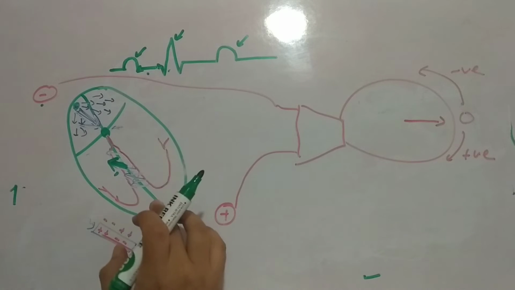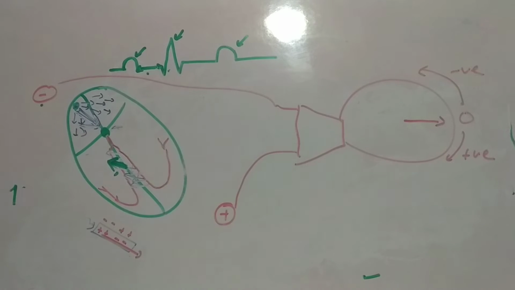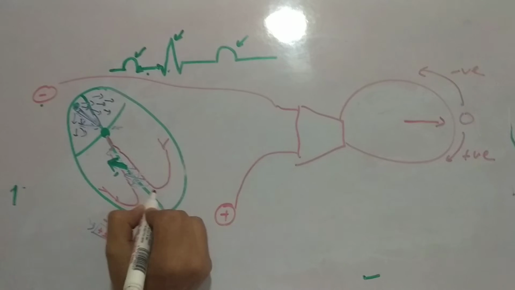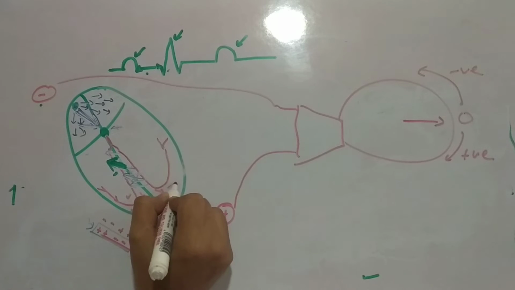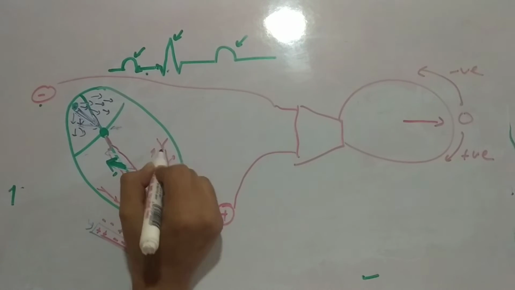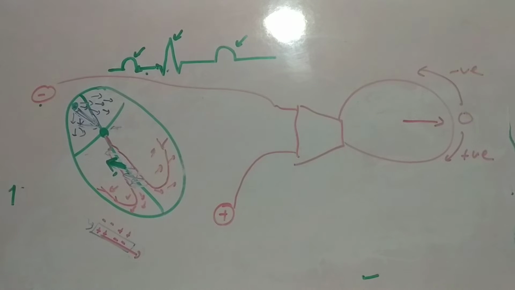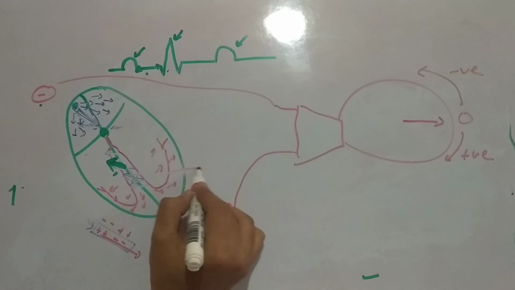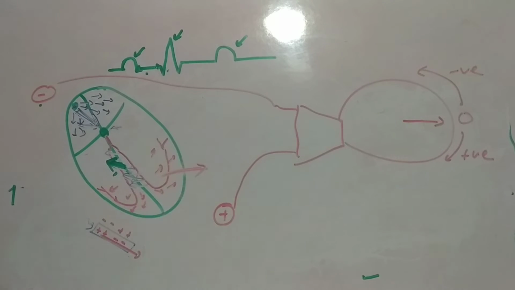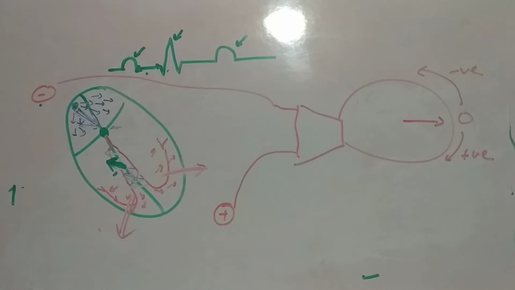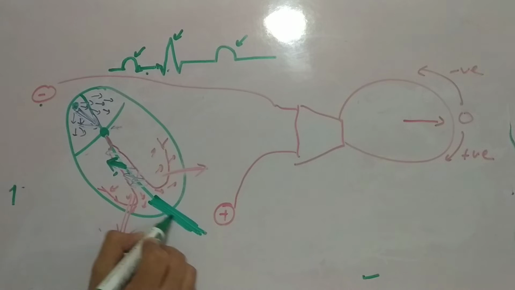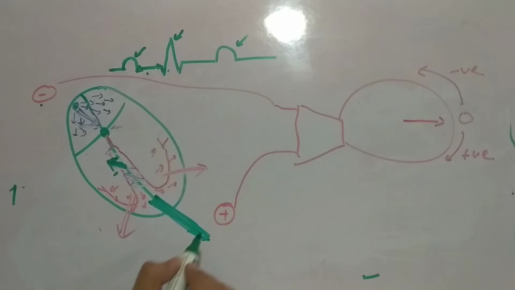Gradually what will happen is that eventually the electrical impulses propagate, isn't it? So they propagate throughout the ventricles, isn't it? So in this phase, in the left ventricle there will be one vector, in the right ventricle there will be another vector, and when you take the resultant ventricular depolarization, it will be greater in magnitude because the resultant is greater and the muscle mass is also greater.